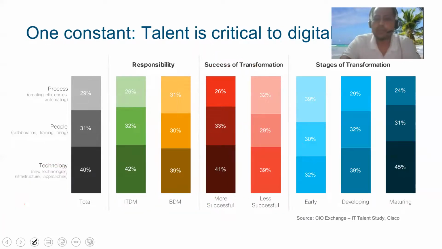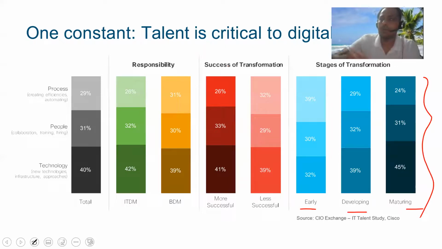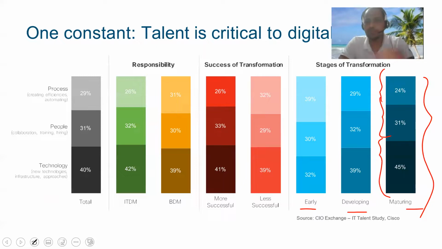And finally, you can see early developing and maturing. So the matured companies, from 5 or 10 years from now, will put so much emphasis on the technology. Still, they will give emphasis to the people, the talented employees. And then finally, you can see process. So process will decrease, talented people will come, and they will do the collaboration.